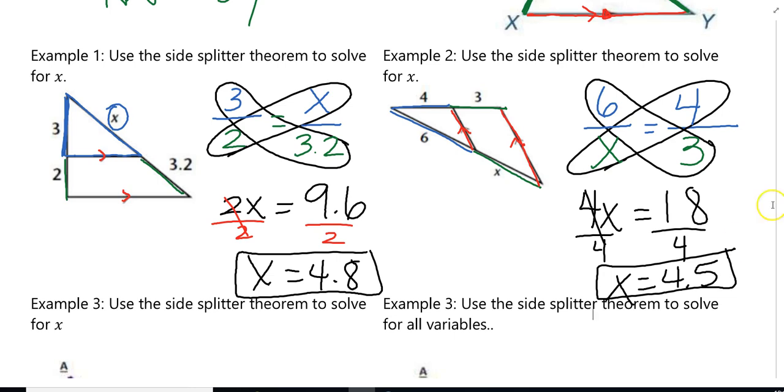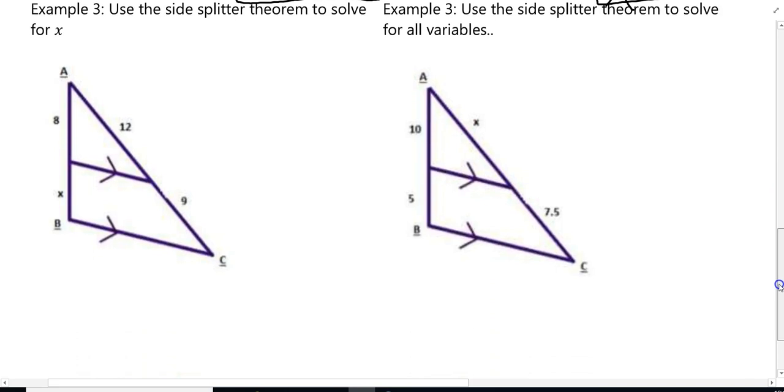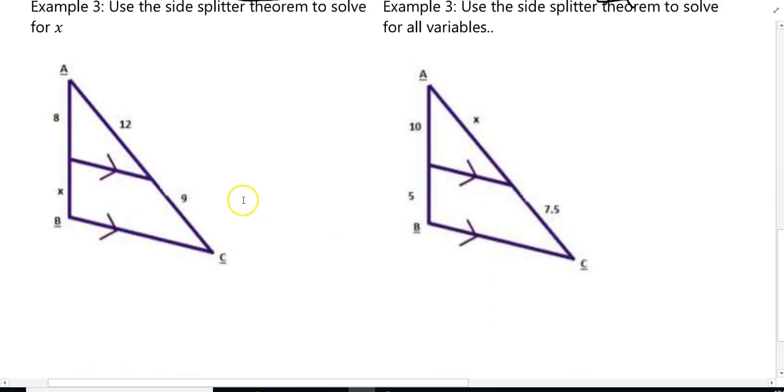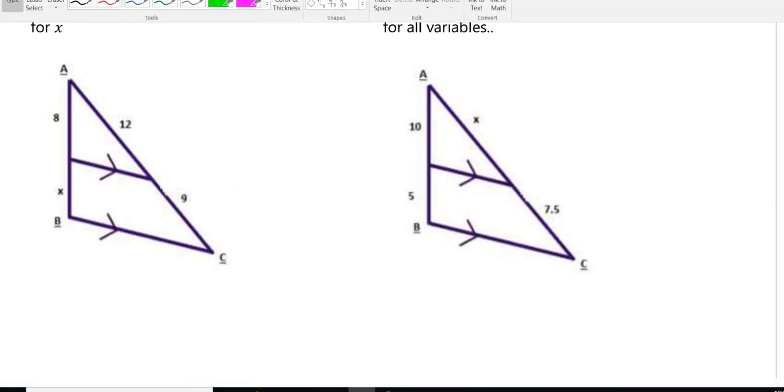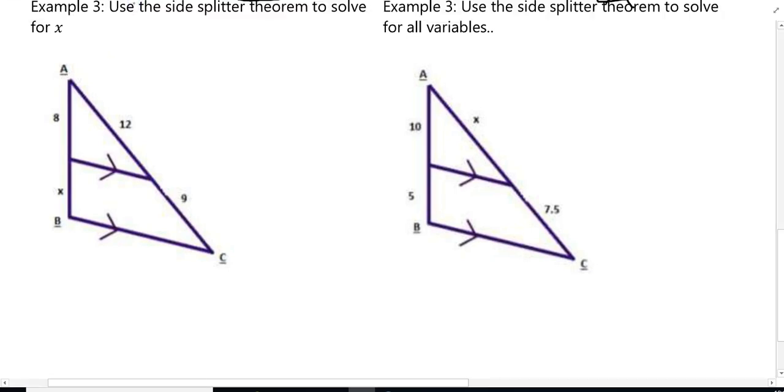Alright, last two examples here using our side splitter theorem. Again, it asks us to solve for x. I see my parallel lines there, so I'm going to take this side, 8, and that's going to be equivalent to my other side of that triangle, which is 12. And our denominators here are going to be the corresponding bottom halves of our triangle.